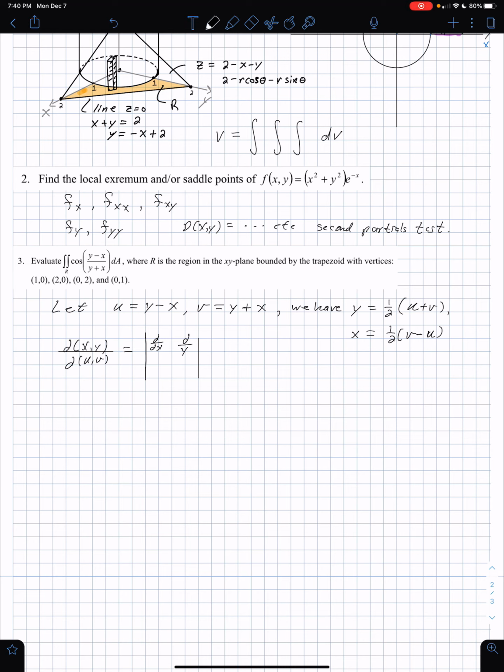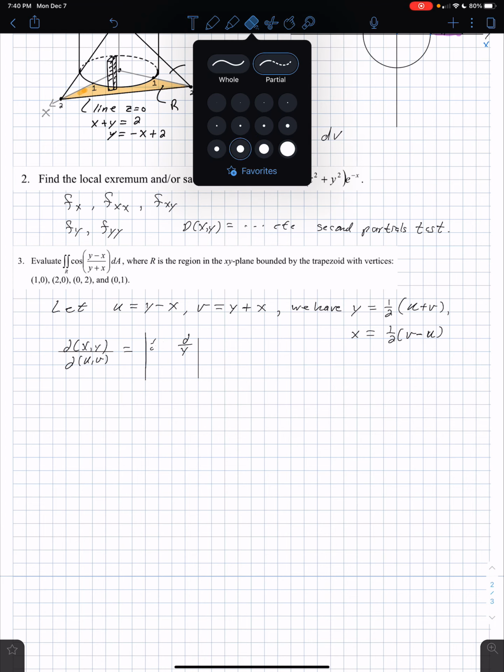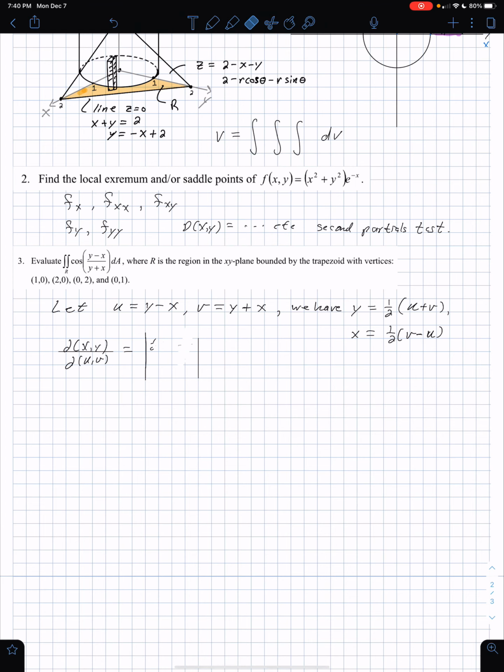No, that's not it. Let me back up on that. It's partial x. So you first do partial x with respect to u, partial x with respect to v, and then partial y. So it looks like this.